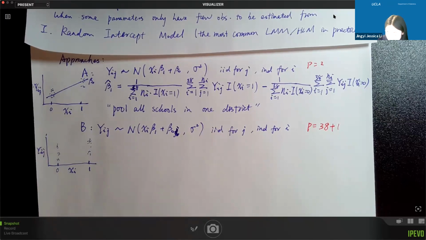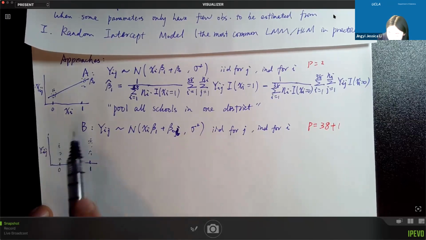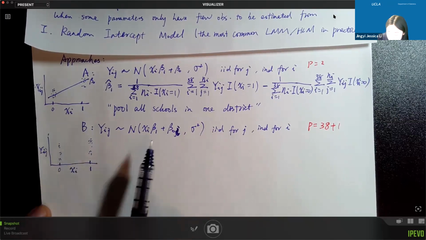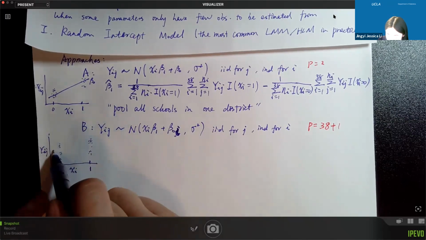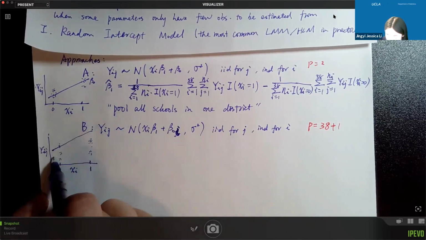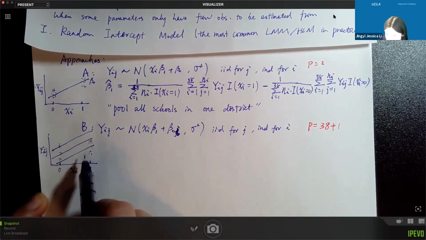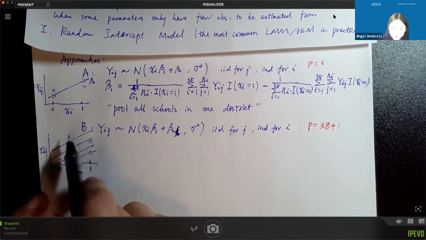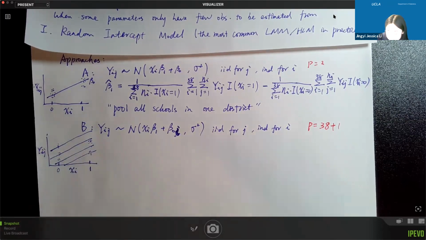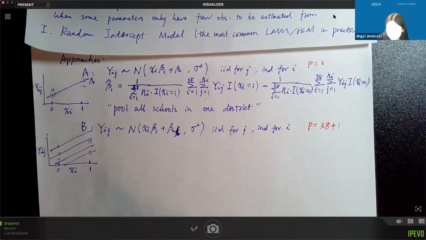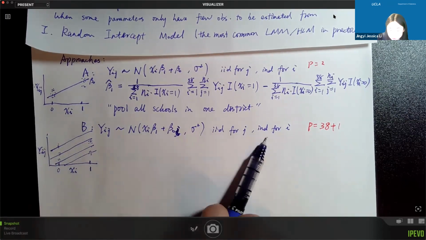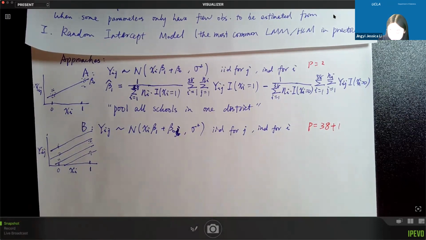So you're not fitting one line at a time, but actually two. Even though I assume they change from one district to another, I expect the same slope for xi from 0 to 1, but I expect that different schools may have different baselines. So you can clearly see that there might be too many parameters in this approach B.